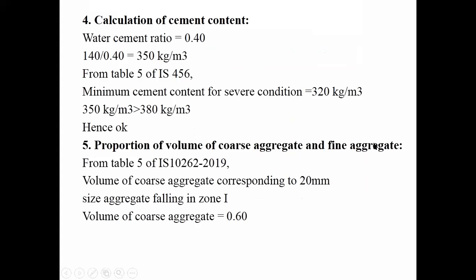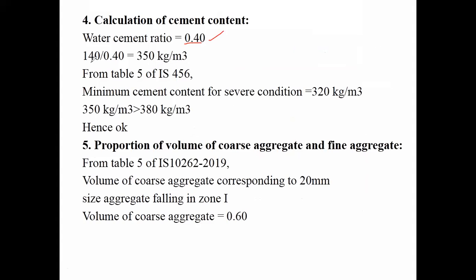Next, moving on to the calculation of the cement content. Here you can see you found the water cement ratio as 0.4. Don't bother about the question now, where it is given as 0.45. What you have found in your design is your answer, that is 0.4. You have to take that water cement ratio only.